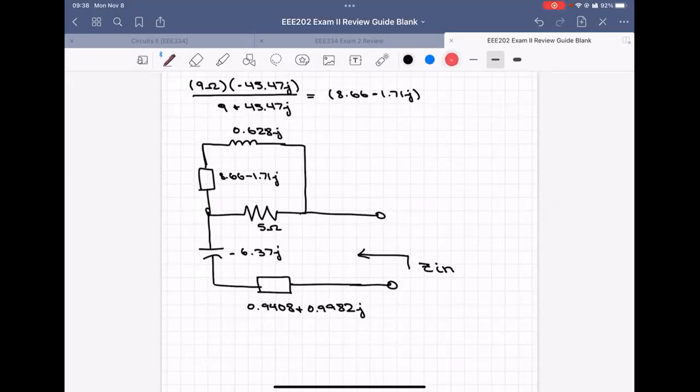We'll see that these two are in series. So we simplify those, and then you can see it's going to be in parallel with the next one. Those will combine into one source, and then that'll be in parallel with the 5 ohms.